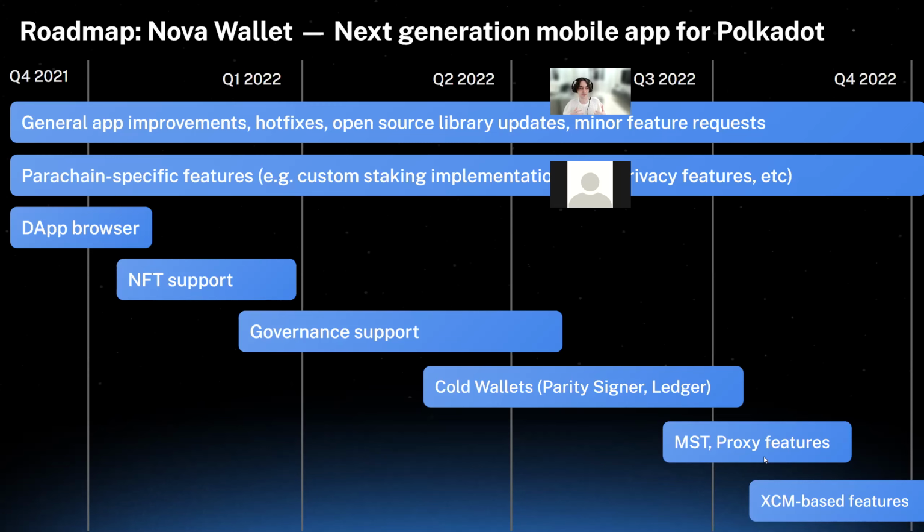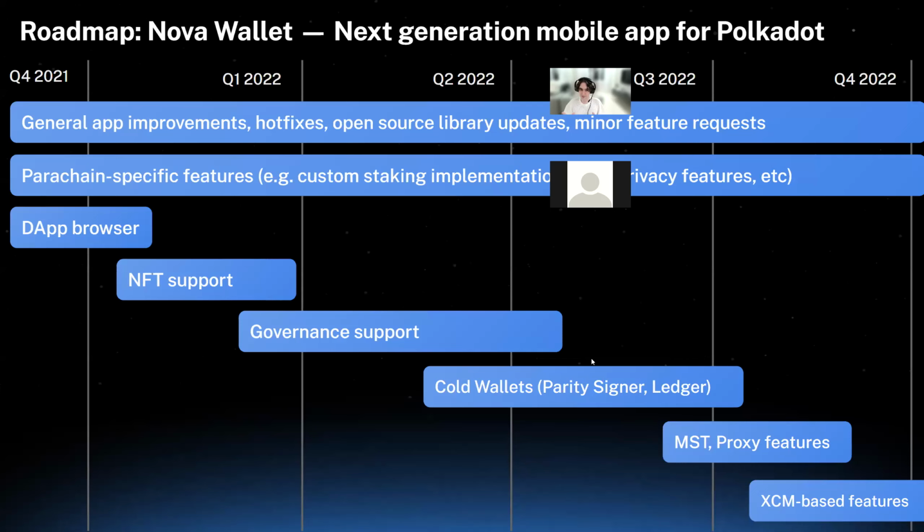And there is a need to learn about them before using. So we will try to address that too. And with parachains evolving, we are really looking towards implementing XCM-based features like cross-chain transfers and others by the end of 2022, probably.